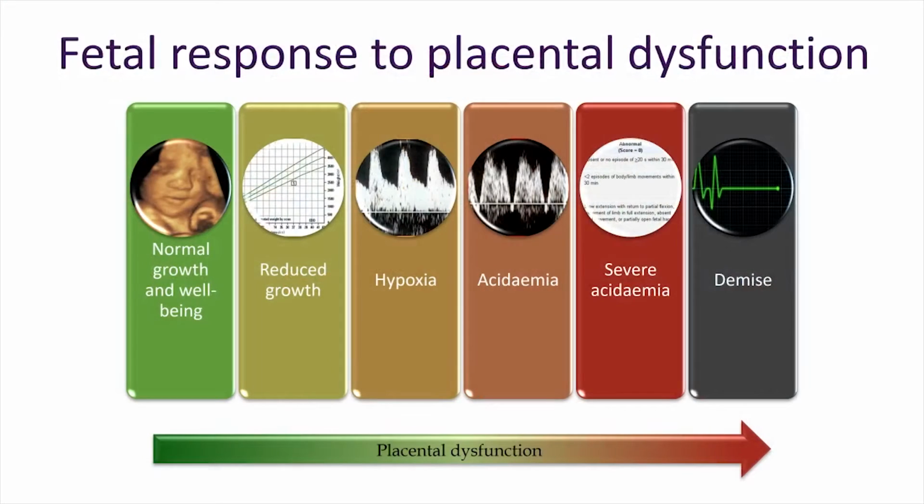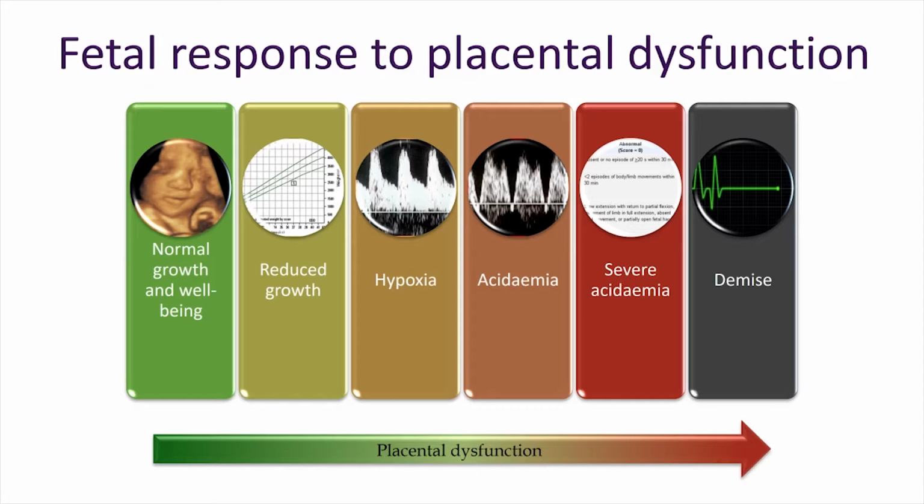So to represent all of this in a different way, these are the typical changes that happen as placental impairment increases. So the first thing, as I said before, is that we see reduced growth. So the placenta loses the ability to transfer food and nutrition.